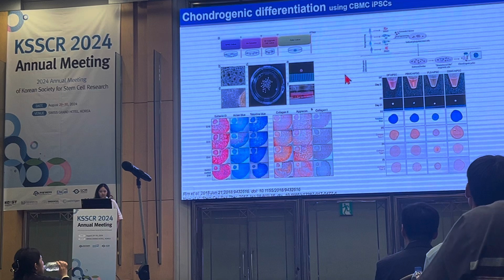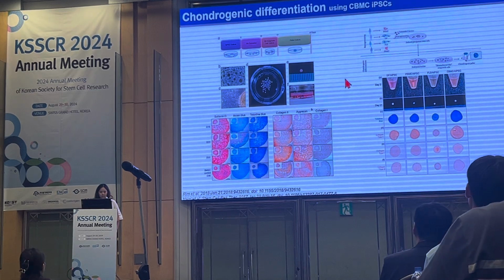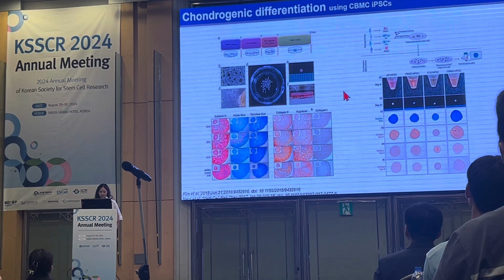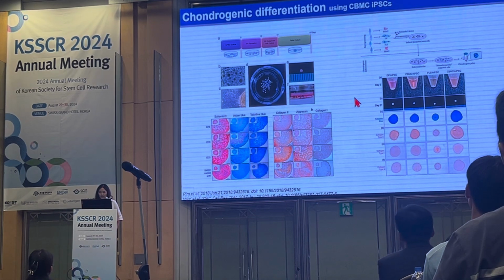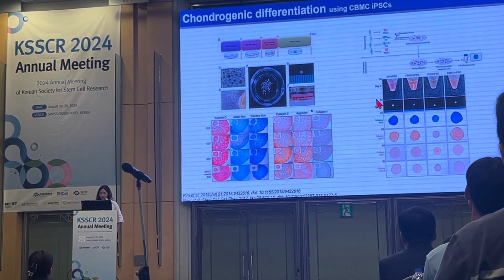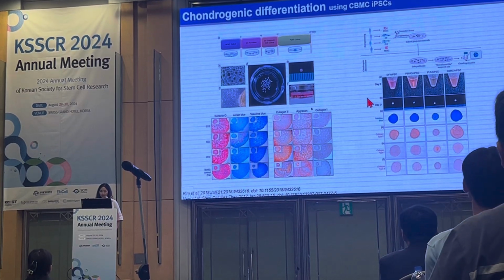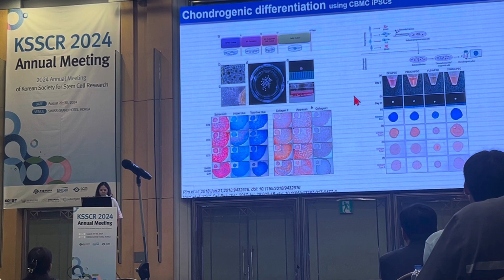So in our earlier studies, we confirmed successful chondrogenesis using the iPSCs, and specifically we confirmed that derived iPSCs had superior differentiation ability towards the chondrogenic lineage.